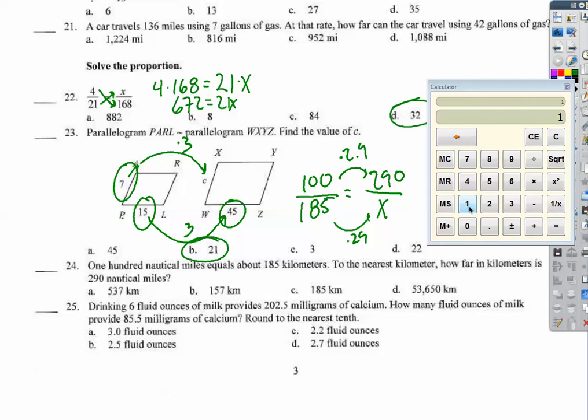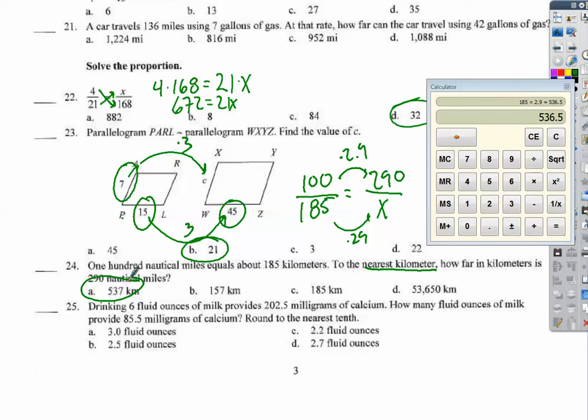So 185 times 2.9, I get 536.5. But it says round to the nearest kilometer, so if we're at 0.5, we have to round up to 537.